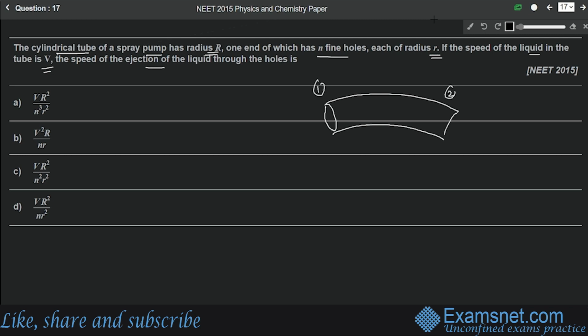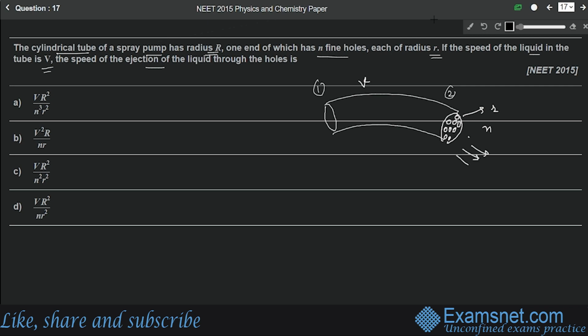In the second end, there are n small holes, each of radius small r. The speed of the liquid is v, and we have to find the speed of ejection of the liquid through these holes.